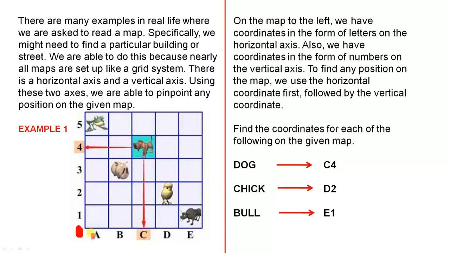Start from the beginning and go across, and there's the letter E, which is level with the bull. And we go up, and there's the bull, and the bull is in line with the number 1. So E1 tells us the position of the bull. Notice, we always use the horizontal axis first and the vertical axis second.